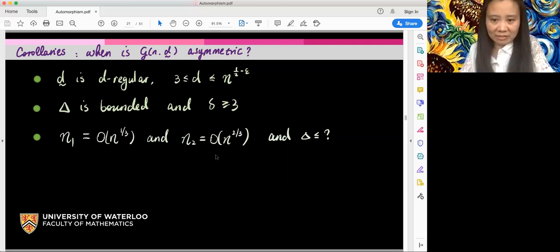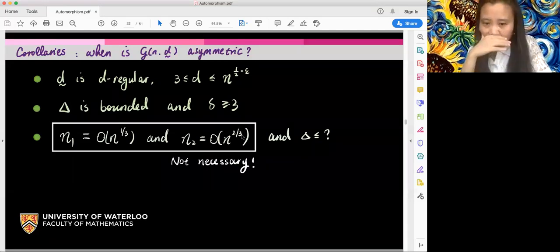And the other case is under some mild constraints for delta, something like square root of n. If the number of degree 1 vertices, n1, is smaller than n to the 1/3, or if the number of vertices of degree 2 is smaller than n to the 2/3, then they also show that this random graph is asymmetric.